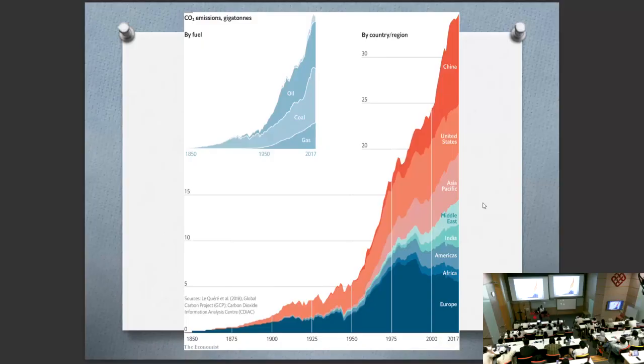This gives you the carbon dioxide emissions by various countries and regions, including China, United States, Asia Pacific, Middle East, India, Americas, Africa, and Europe.